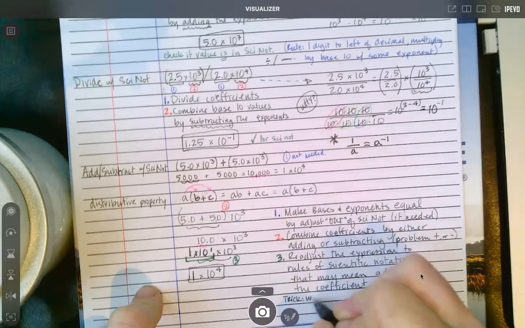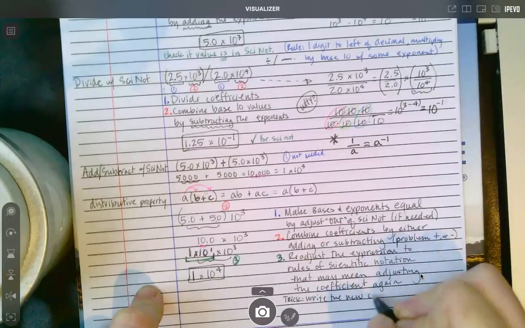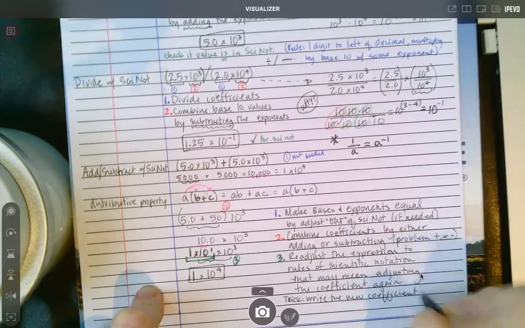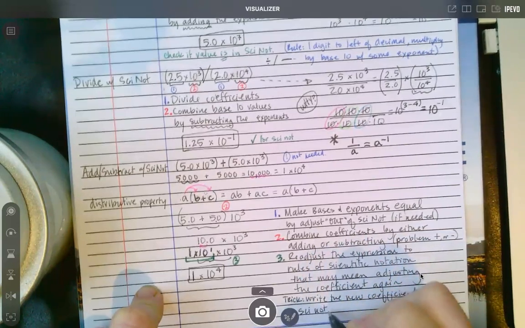Write the new coefficient in scientific notation.